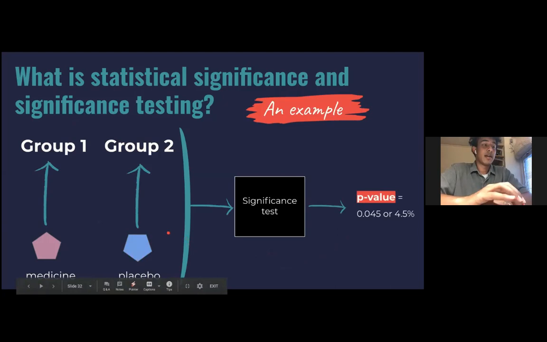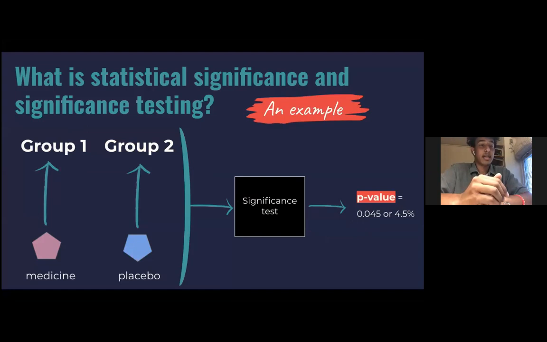So in this case, from the experiment, let's say that we got that the medicine actually did have some sort of effect on group 1 as compared to group 2. The corresponding p-value we got, which is 0.045 or 4.5%, is saying that the probability of the outcome that we got, which is the medicine actually having an effect on group 1, just coming from pure chance, is very low, approximately 0.045 or 4.5%.